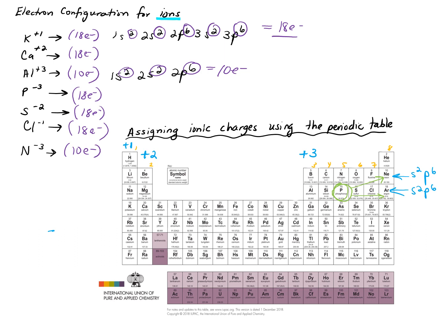For nitrogen and phosphorus, we have a charge of -3, but not just for those two. That applies to everything in that group or family. So group 5 in the periodic table, they have 5 valence electrons. To get to 8 valence electrons, they need to gain 3. That's why they're forming ions with a charge of -3.